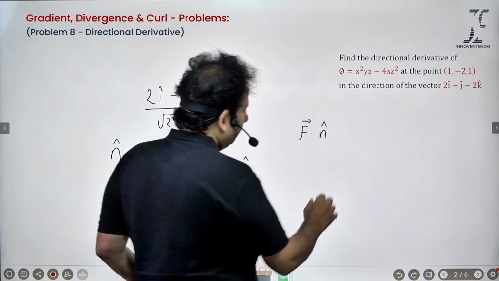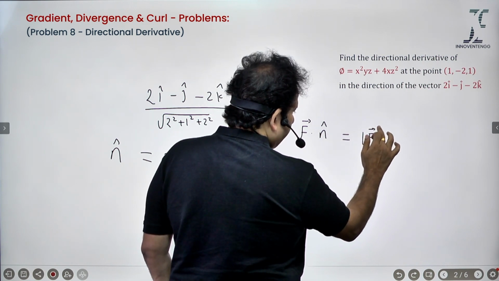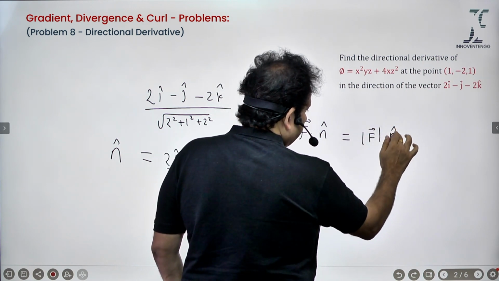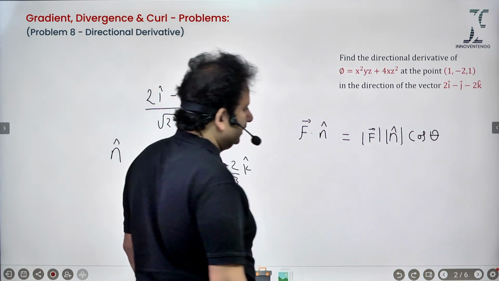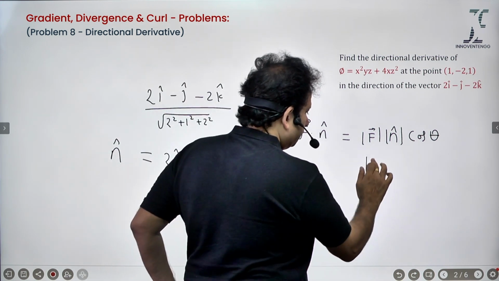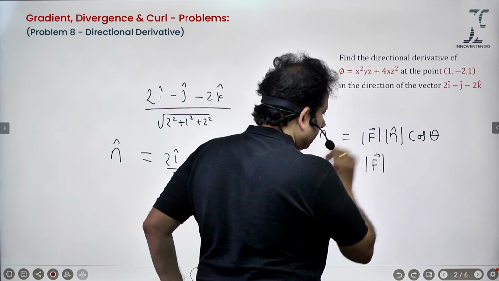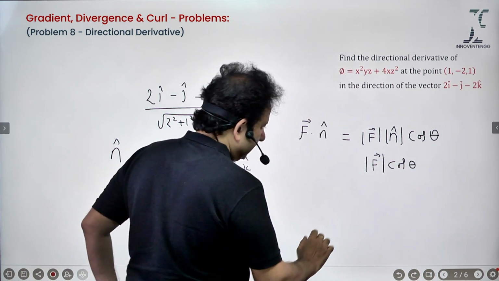How would we go about this? This is given by magnitude of f, magnitude of n into cos theta, right? So this actually gives you the magnitude of the gradient multiplied by cos theta. It is as simple as that.